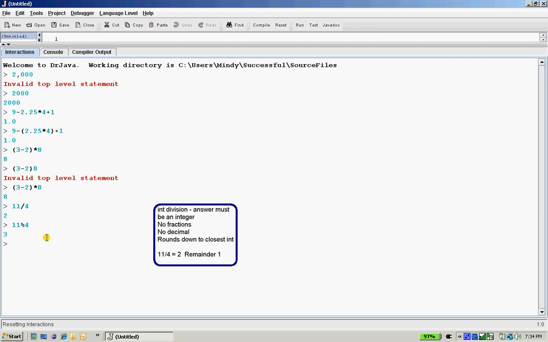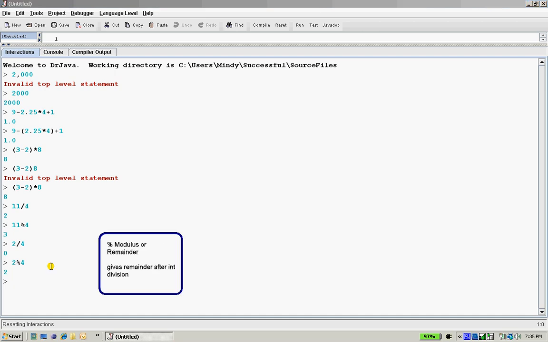So something like 2 divided by 4 would give you an integer division answer of 0, and your remainder would be 2 mod 4 with a remainder of 2.